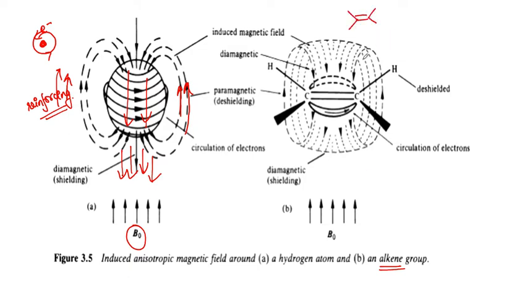So guys, the alkene arranges itself like this in the applied magnetic field.